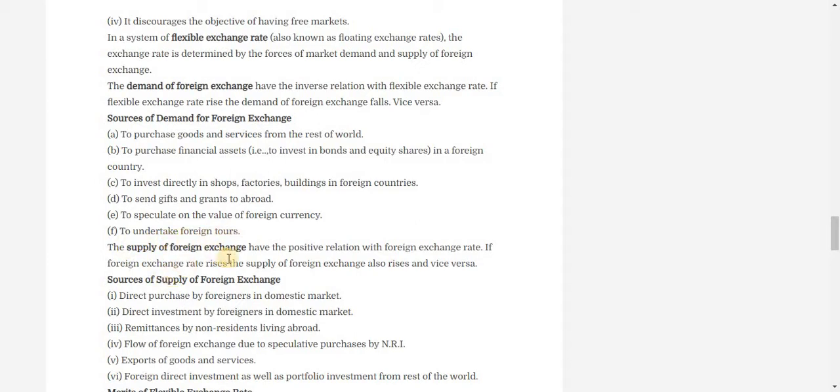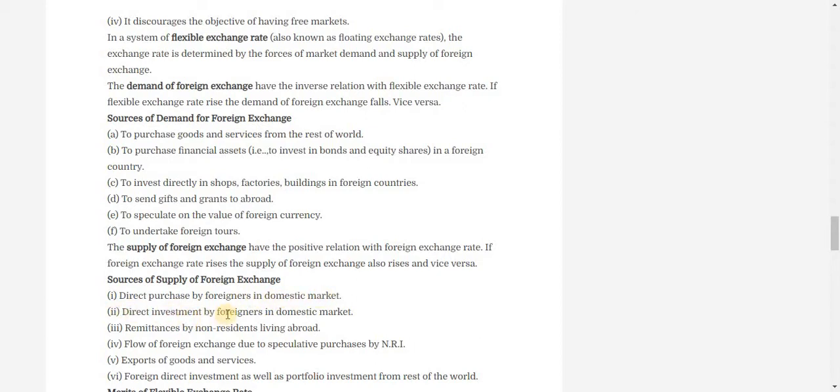The supply of foreign exchange has a positive relation with the foreign exchange rate. If the foreign exchange rate rises, the supply of foreign exchange also rises, and vice versa. Sources of supply of foreign exchange: 1. Direct purchase by foreigners in the domestic market. 2.